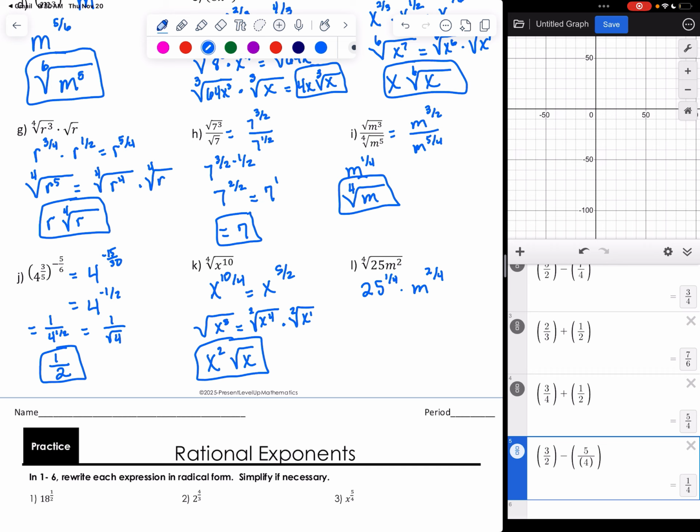I don't think this one is going to simplify at all. No. So this is the final answer for this one: the fourth root of 25m squared. And that concludes today's lesson on the relationship between rational exponents and nth root radicals.